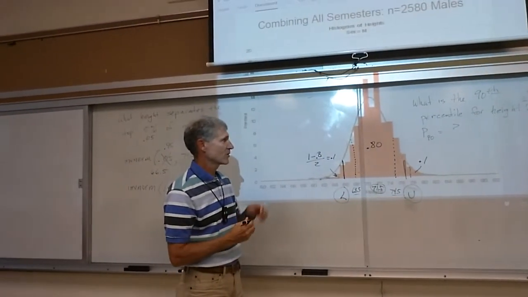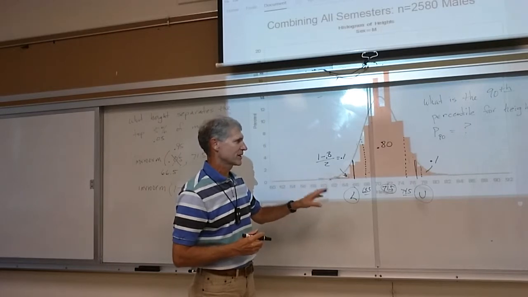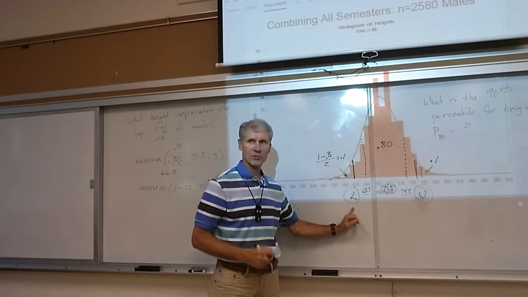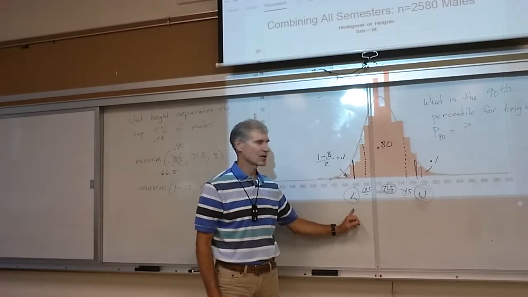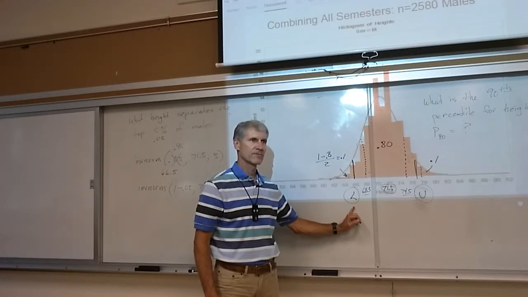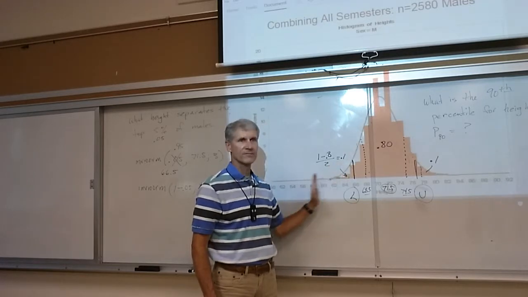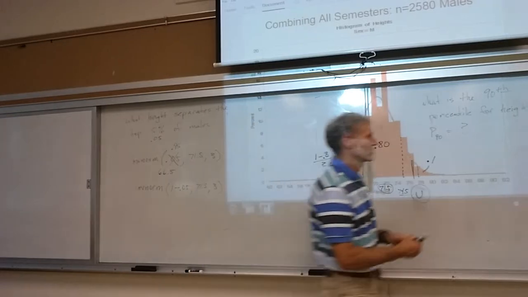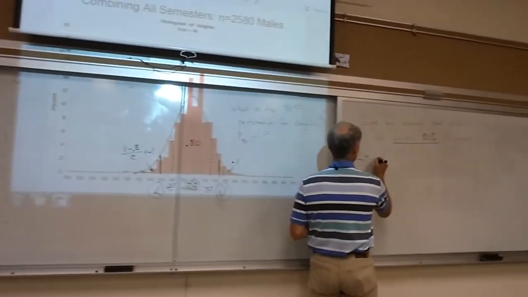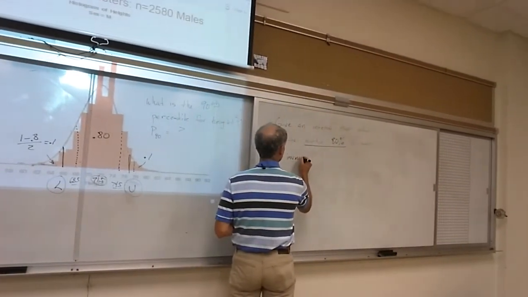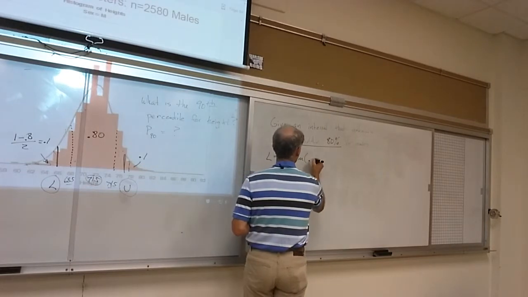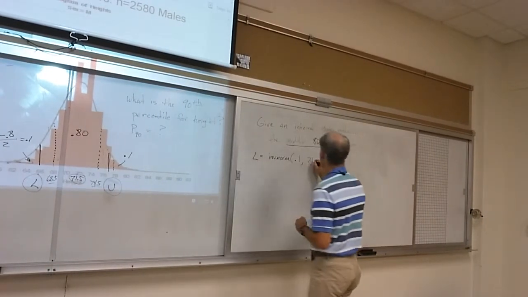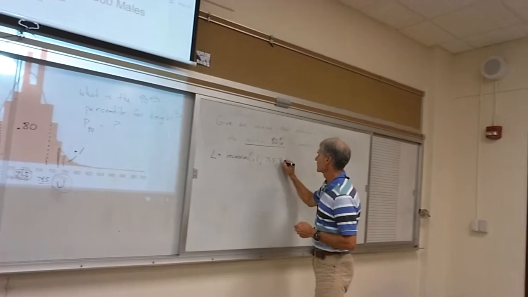So now I need to know, okay, what percentile am I looking for? What percentile would L be? The 10th percentile. So L will be inverse norm at 0.1, with mean 71.5 and standard deviation 3.